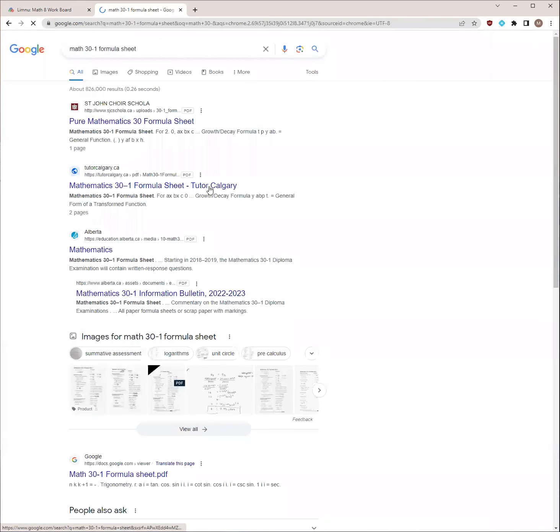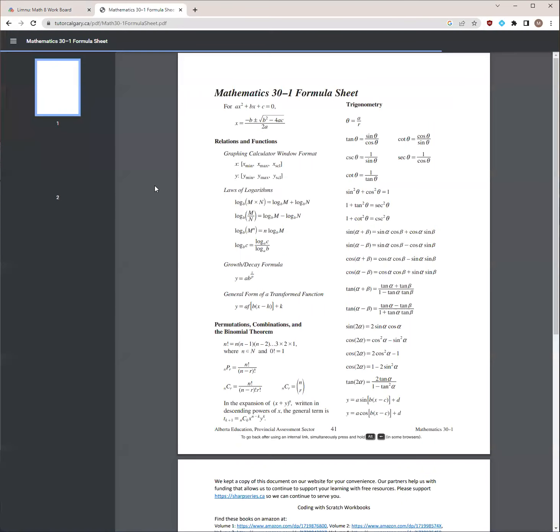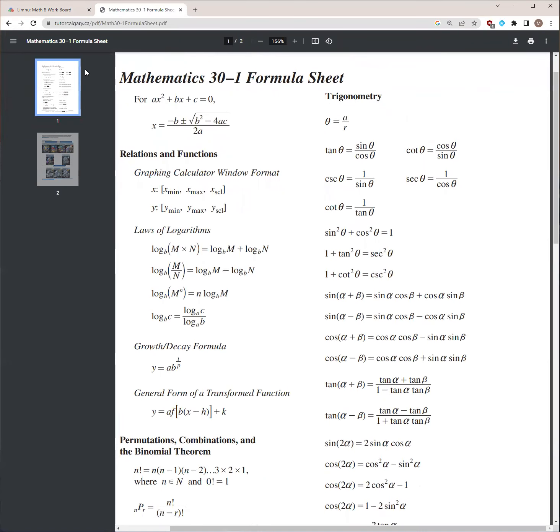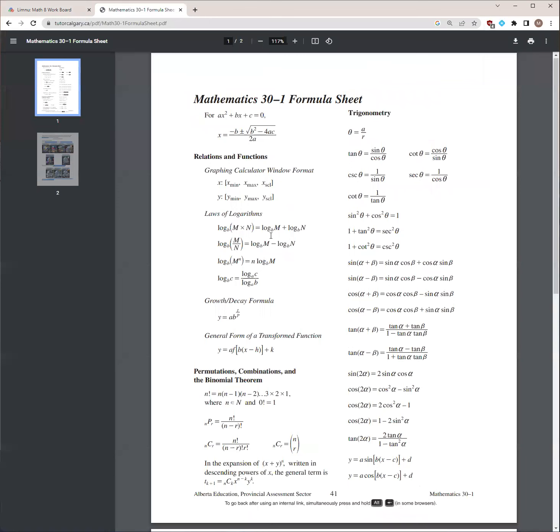Here we go. Tutor Calgary. How about that? Okay, this is the Math 30-1 formula sheet. Look at our right side here. It's all trigonometry, and you hopefully recognize these two formulae. And maybe this one. We don't spend a lot of time in my class on it, but you've probably seen it before.